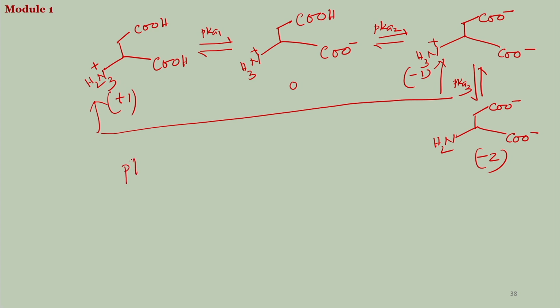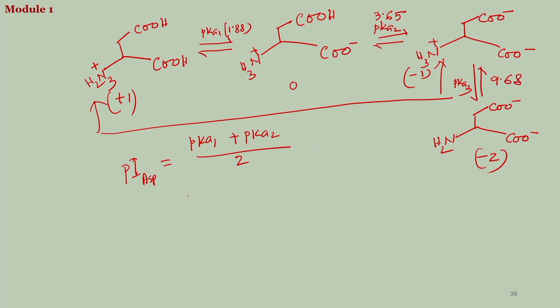So, your pI for aspartic acid, I am writing ASP, would be pKa 1 plus pKa 2 divided by 2, just like earlier. I have the numbers here: this value is 1.88, this value is 3.65, and pKa 3 is around 9.68.